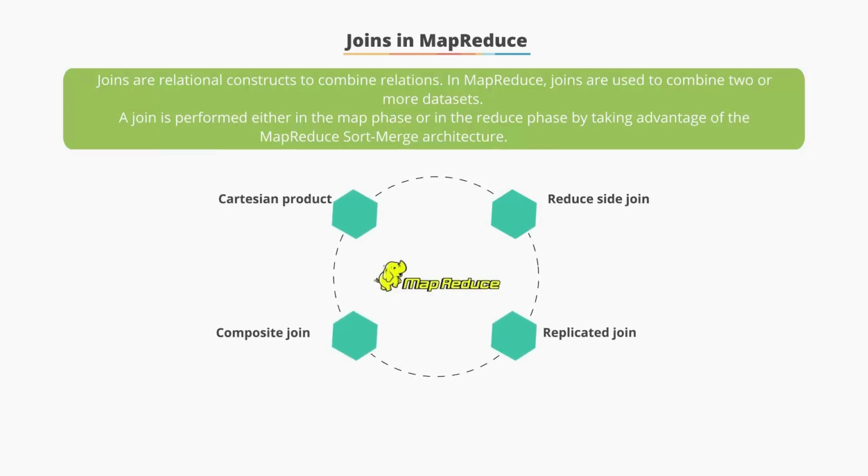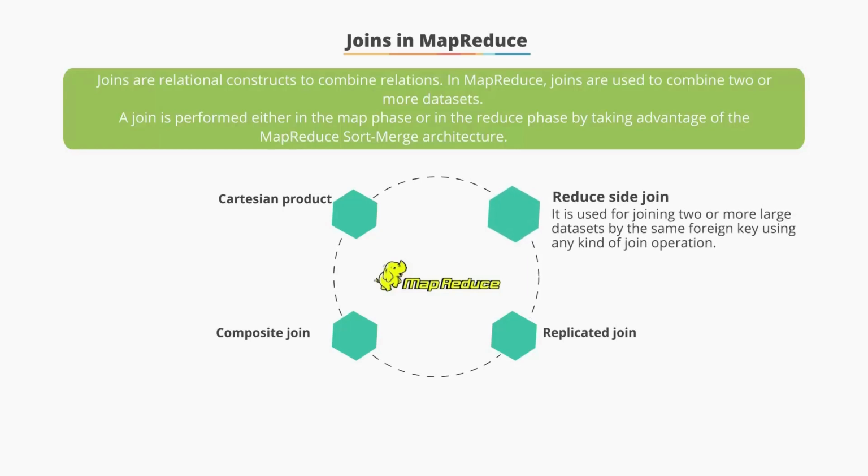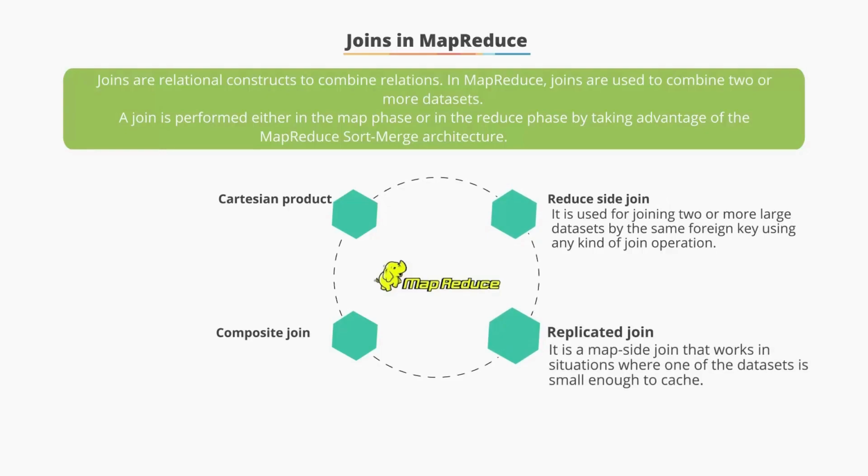Cartesian product. A reduced side join is used for joining two or more large datasets with the same foreign key with any kind of join operation. A replicated join is a map side join that works in situations where one of the datasets is small enough to cache, thus vastly improving its performance.